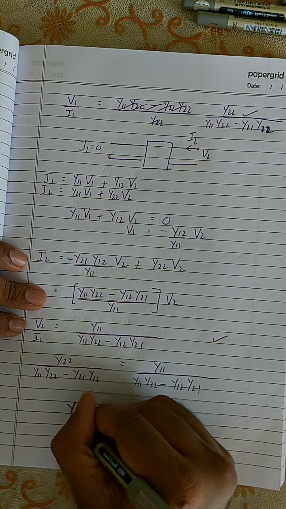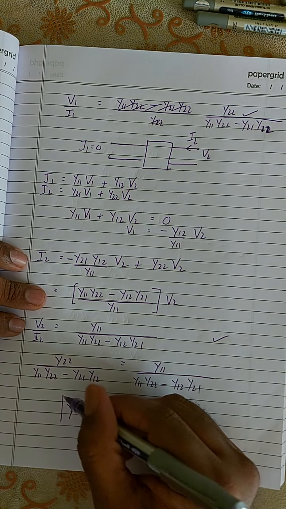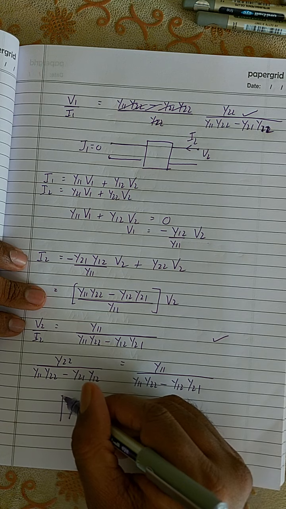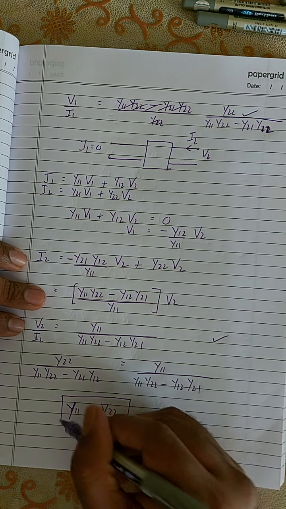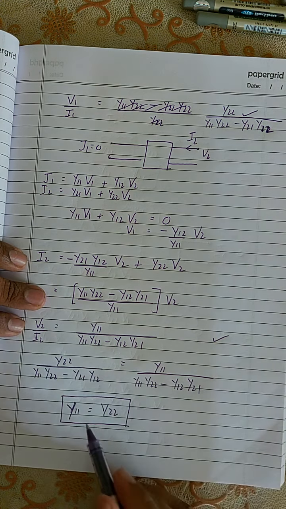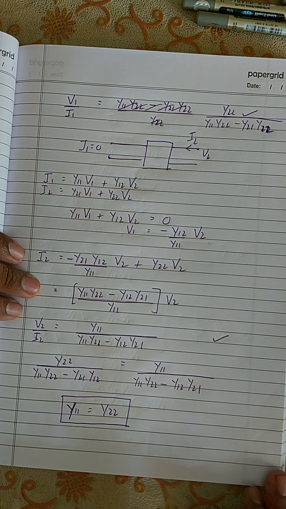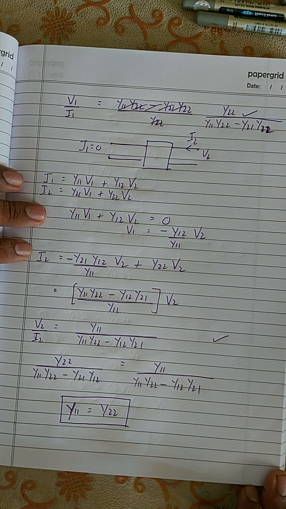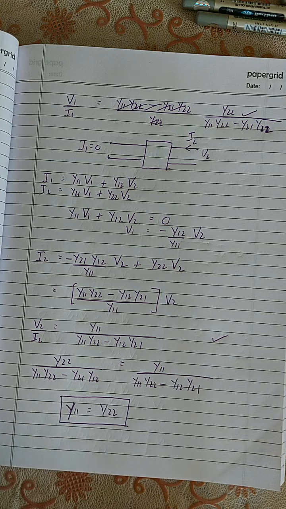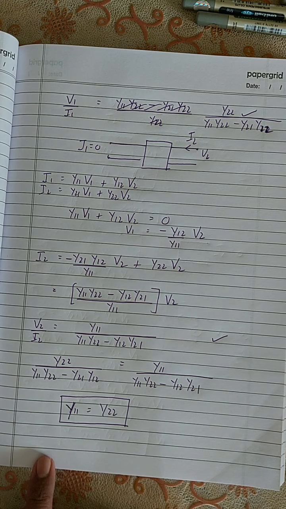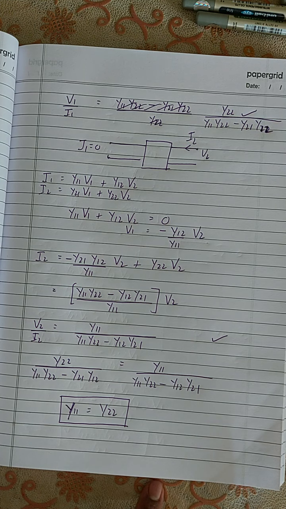So you can check whether the network is symmetrical or not if these two parameters are equal to each other. Simply find the value of the Y parameters, and if Y11 is equal to Y22, then we can say that the network is symmetrical. If they're not the same, then the network is not symmetrical.